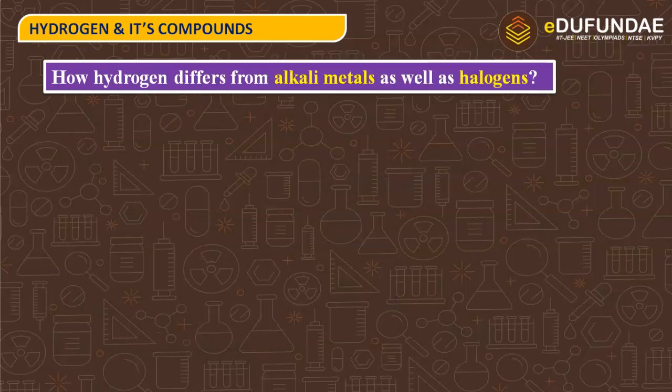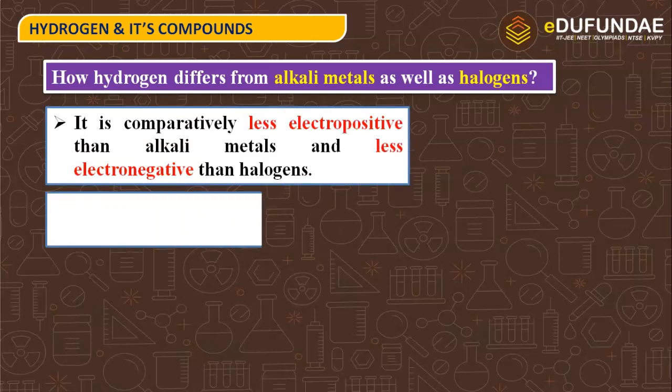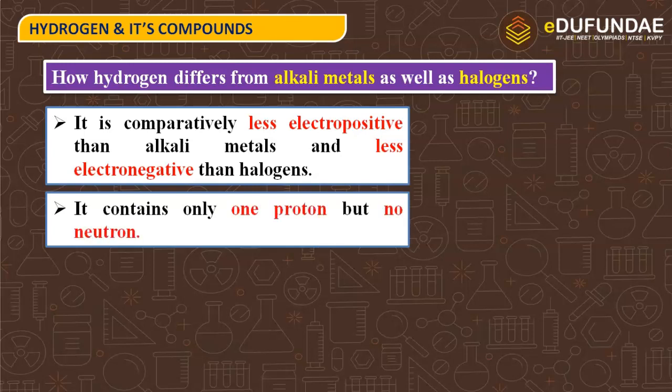Next question is how hydrogen differs from alkali metals as well as halogens. So let us see. It is comparatively less electropositive than alkali metals and less electronegative than halogens. अगर electronegativity की बात करेंगे, then as we move along the period from left to right, electronegativity increases. That means जो halogens है उनकी maximum electronegativity है. But अगर electropositive nature की बात करेंगे, then electropositive nature decreases along the period.